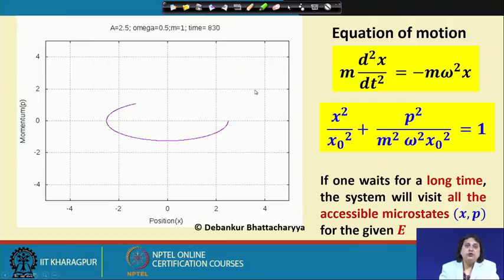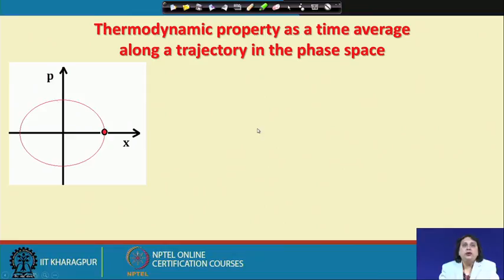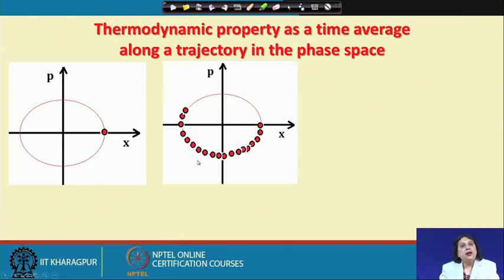Here I am showing you a movie which is a finite time movie and stops after some time, but if you allowed it to go on and on, then it would have done something like this. I would have started from this point, and then when I allowed the system to move, as you have seen in the movie, it went through many different intermediate points on the ellipse to arrive at this point.